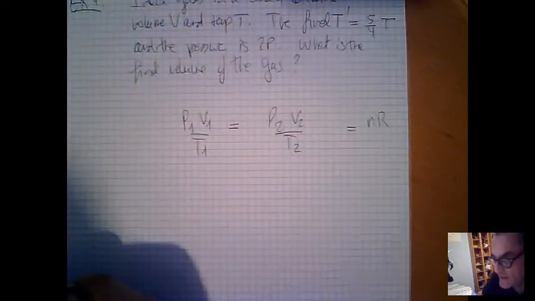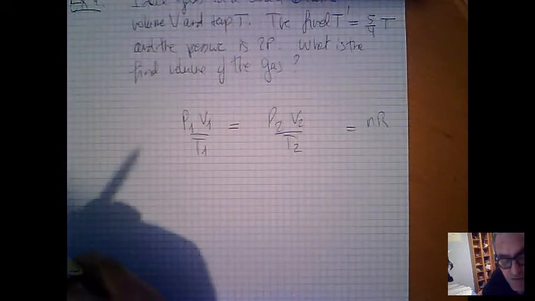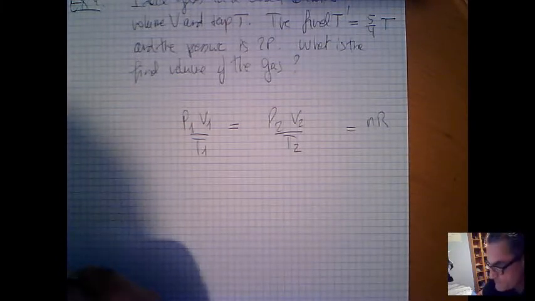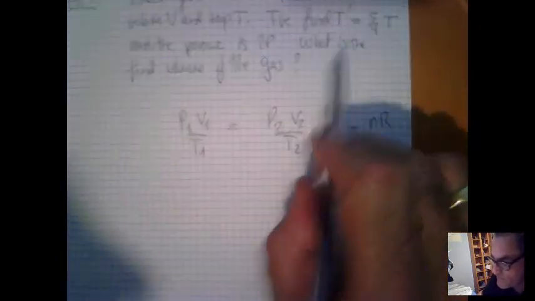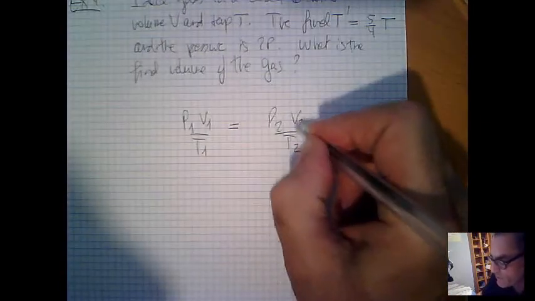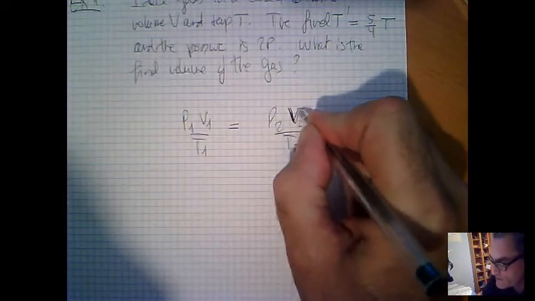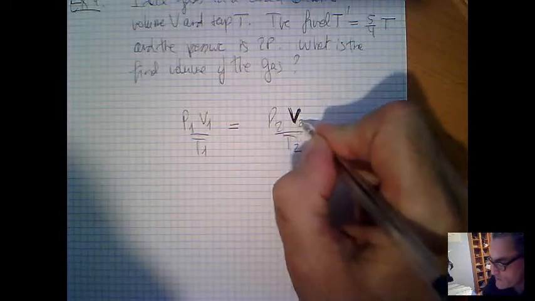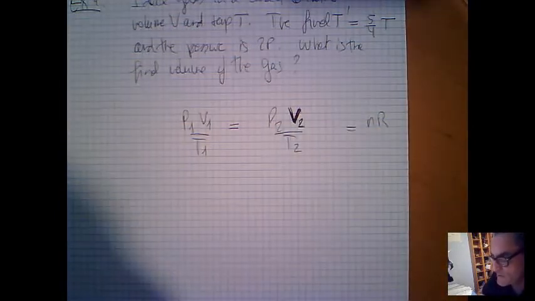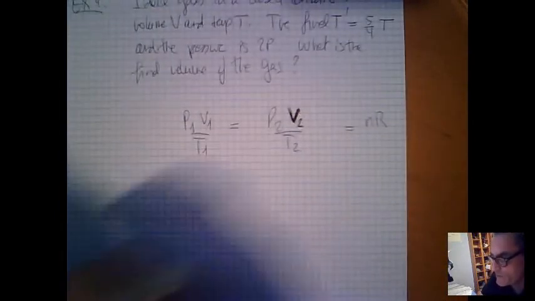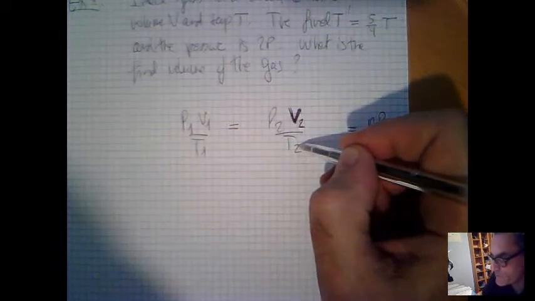And what we are looking for is an expression of the final volume of the gas. So what we want is this, right? But now we have info about P2 and T2.